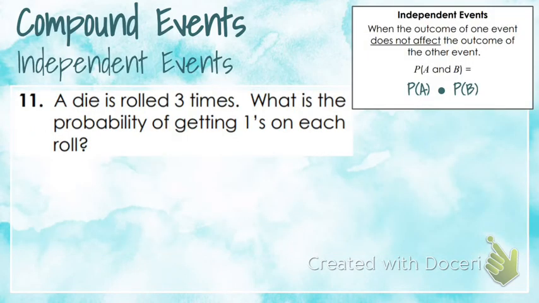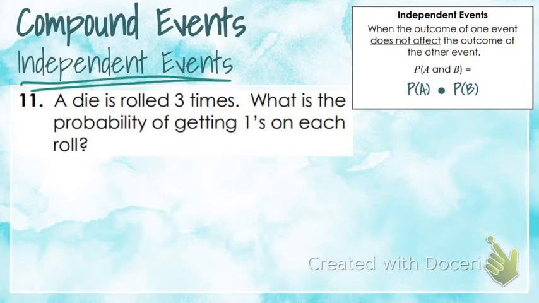Okay, so a die is singular for dice, in case you don't know. A die is rolled 3 times. What is the probability of getting ones on each roll? So if I roll the dice and then I pick it up and roll it again, what I get on the first roll is not going to change what I get on the second roll. So these are independent events.